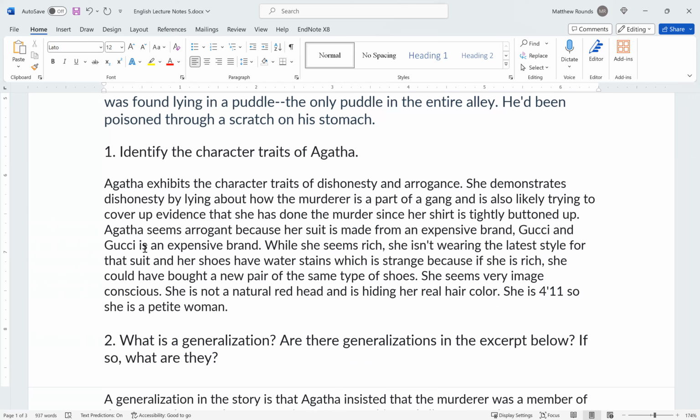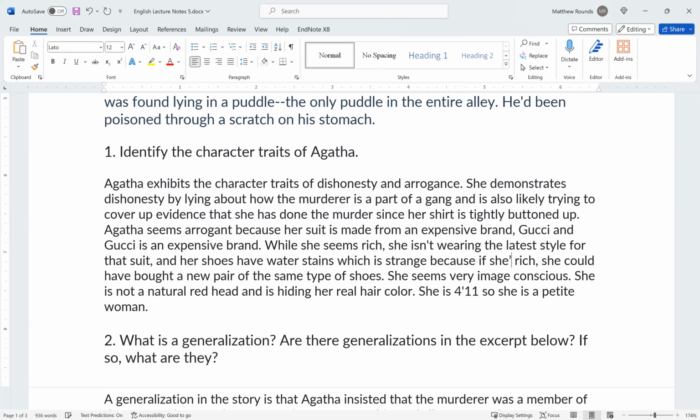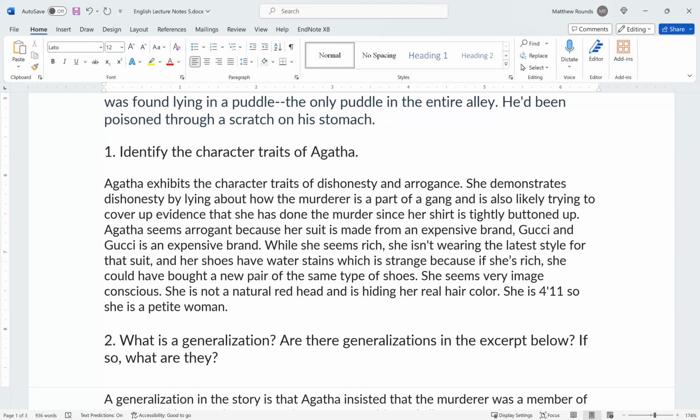I'm just reading this over and over again. I guess right here, comma, that could be where it is. Well, she seems rich. She isn't wearing the latest style for that suit, comma, and her shoes have water stains, which is strange because if she's rich. So I think that's where they are looking for it.